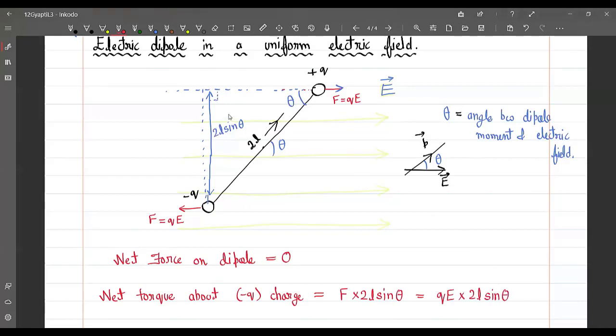And you can see the torque will try to rotate it in the clockwise direction. About minus charge Q, it will rotate in the clockwise direction. So direction is clockwise. Any questions up to here?